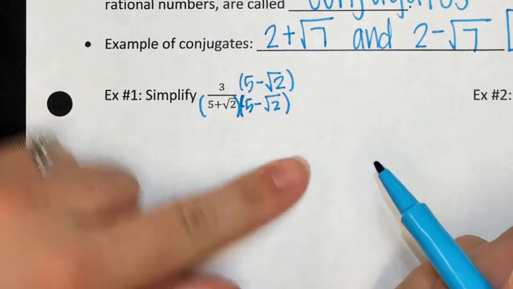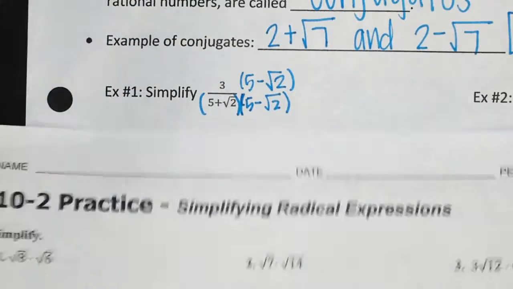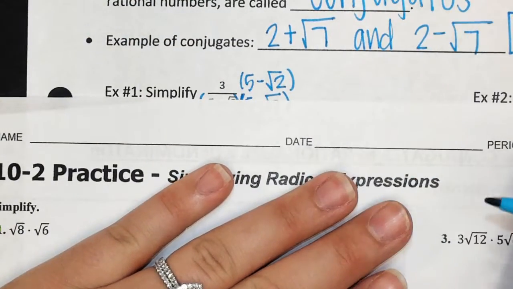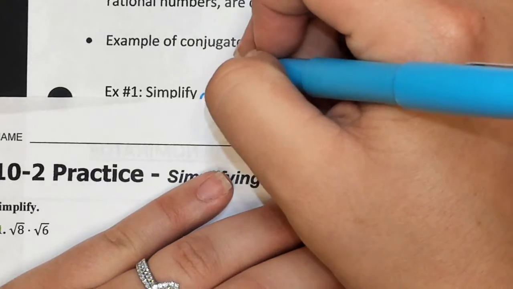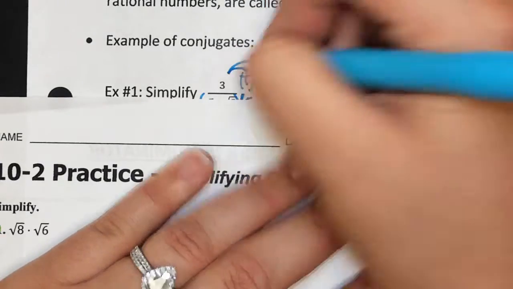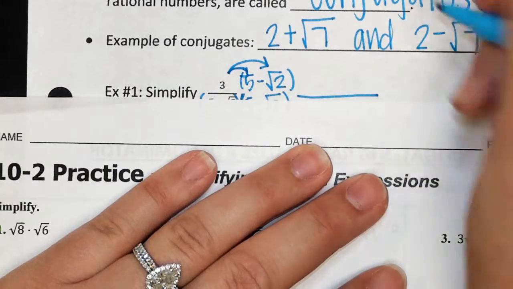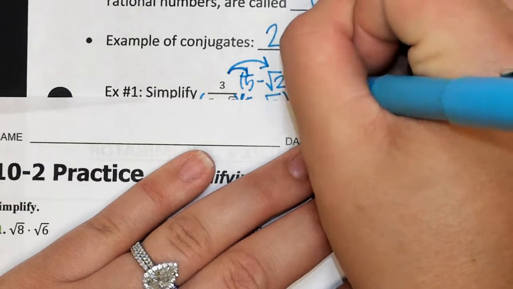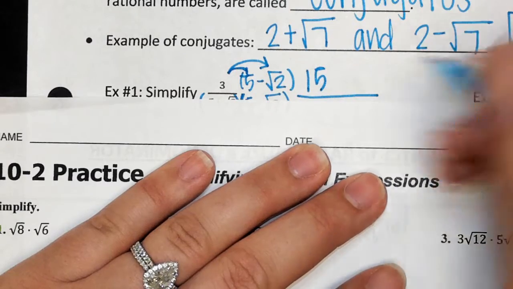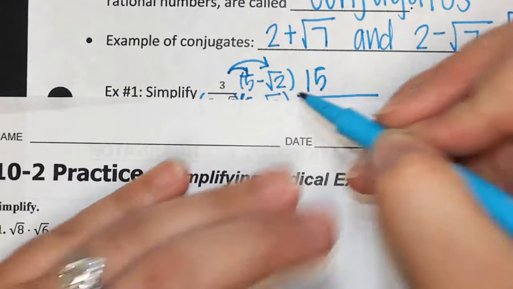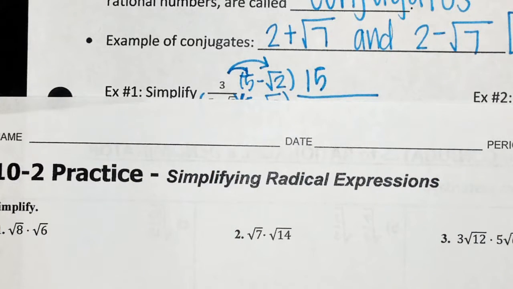So, in order to multiply, if we're just looking at the top, 3 times all of this means we have to distribute. So let's do just the top first. 3 times 5 is 15. But remember, this square root is like a force field. You cannot multiply outside with inside. You can only multiply outside with outside, inside with inside.